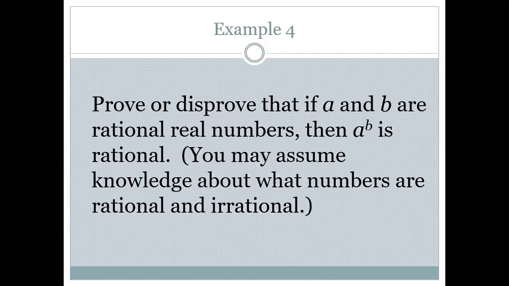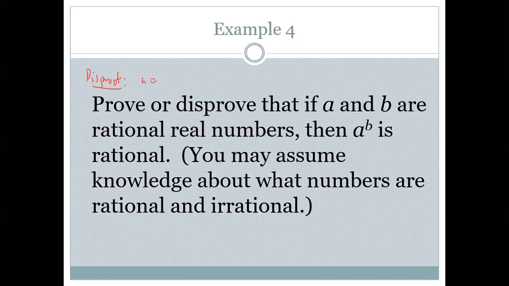Square root of 2? Irrational? And yet, that's 2 to the 1/2. So do we believe this or do we give a disproof? Here's a disproof. The disproof is by counterexample.